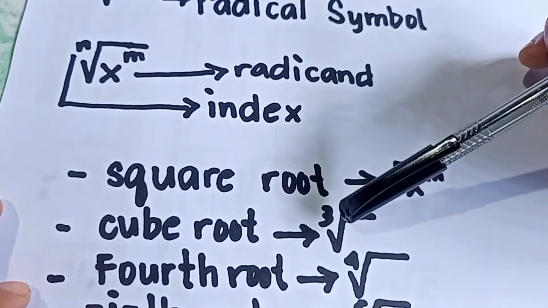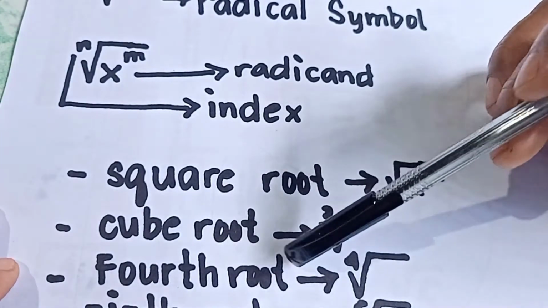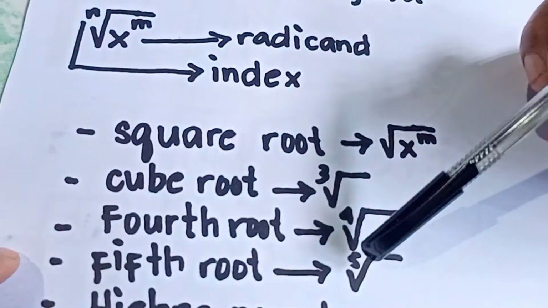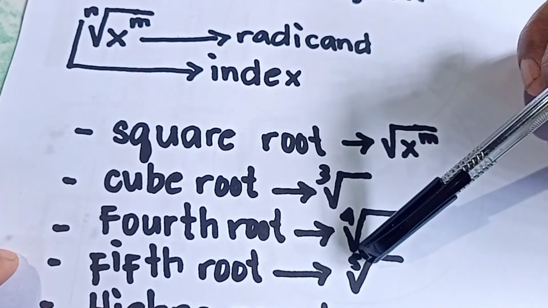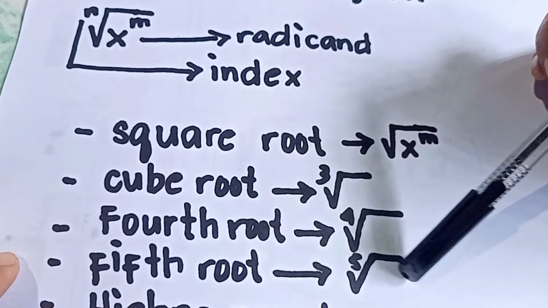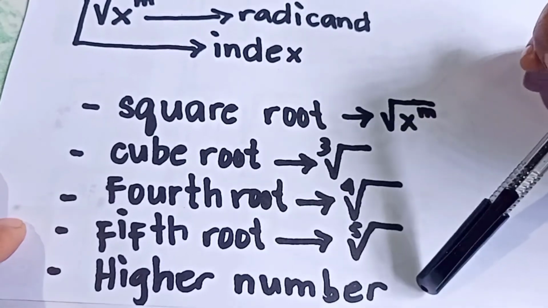If our index is 4, we call that the fourth root of any number. If the index is 5, we call that the fifth root of any number, or higher.